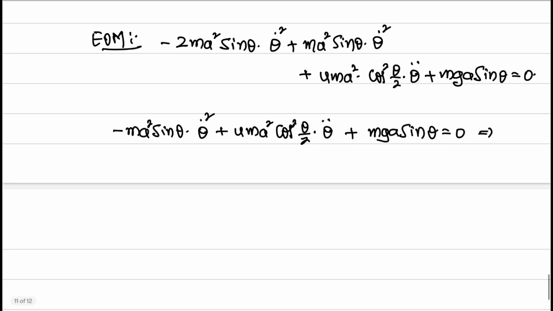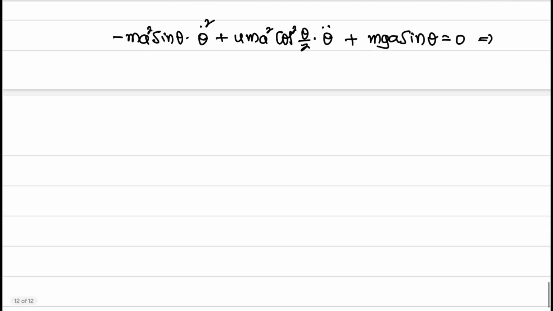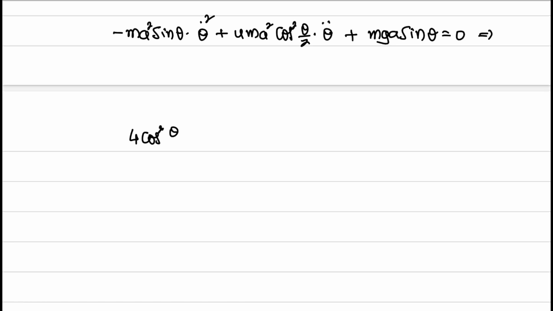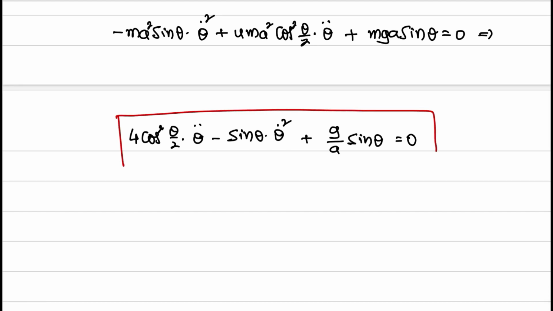After further simplifying, by dividing it by ma², we will get the answer as 4 cos² θ by 2 into θ double dot minus sin θ into θ dot squared plus g by a into sin θ, that is equal to 0. This is the final equation of motion.